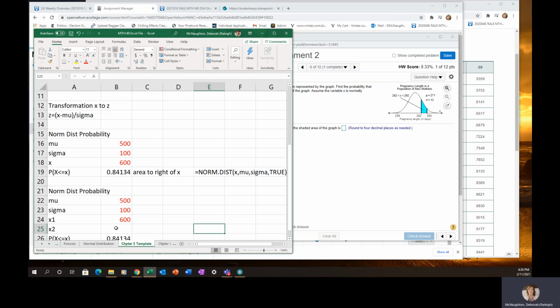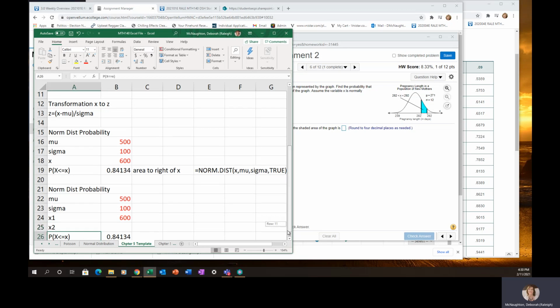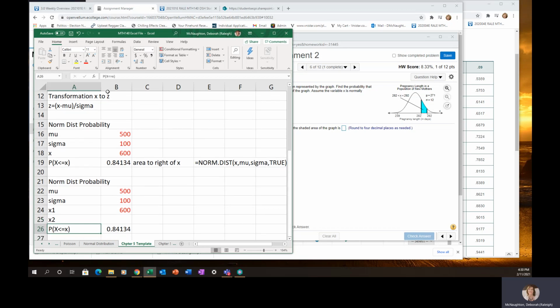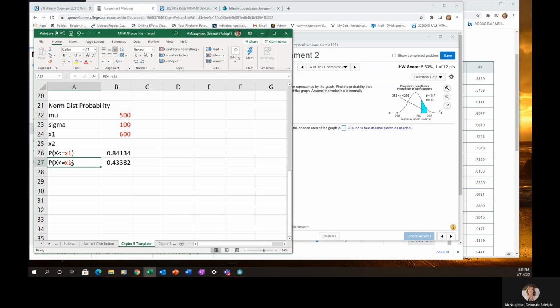Right, and so my first one will be the probability that x is less than x1. Let's make that red. Okay, and then I'm going to also calculate x is less than x2. I'm going to go ahead and delete this because I'm going to set this whole thing up.